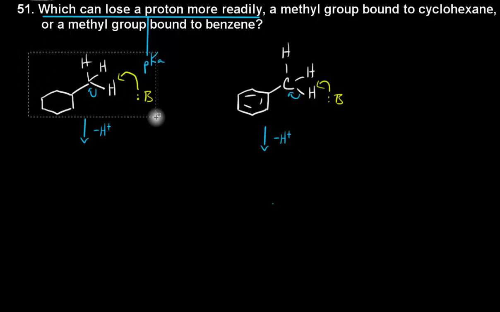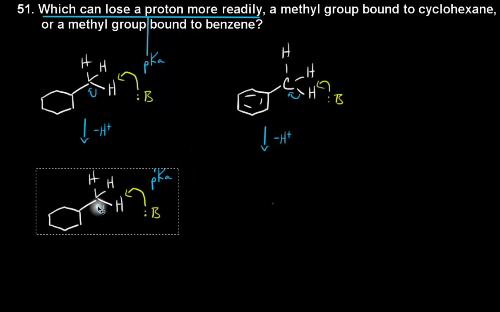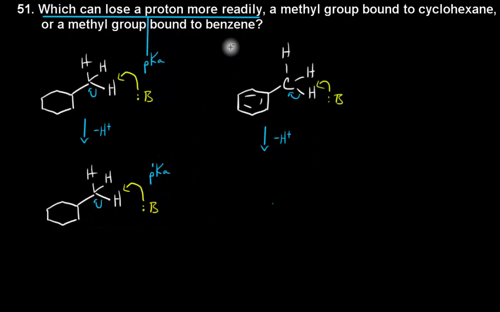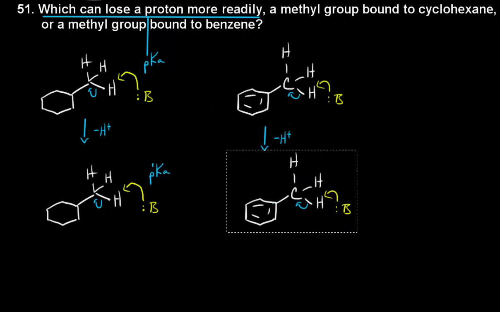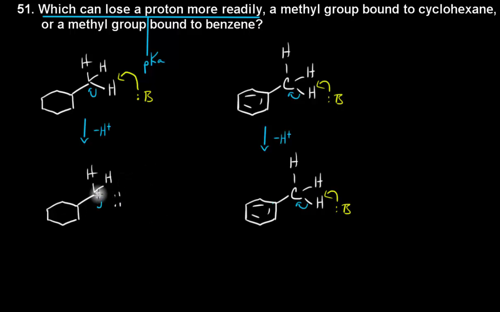Okay, so let's go ahead and redraw both of these guys down below. And I'm just going to cut and paste because I can do that, and I'm slightly lazy. So we'll get rid of this, and we will draw a negative on this carbon and a negative on this carbon.